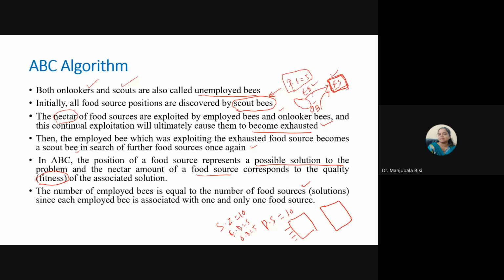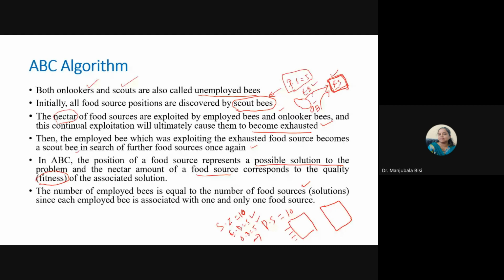And the scout bee phase, we'll see later, is optional. It depends upon the employed bee phase and the onlooker bee phase. The scout bee phase functionality is different, and we'll discuss later how it happens.